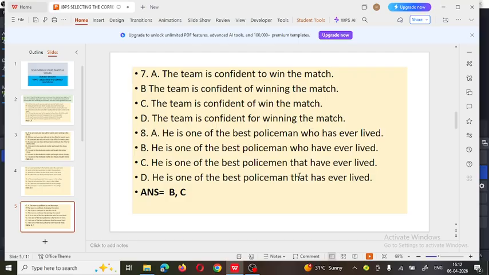Now policeman or policemen? When we are using the phrase "one of the", whatever noun comes after that must be in the plural sense. So options A, B and D are incorrect because "policeman" is used with the phrase "one of the".